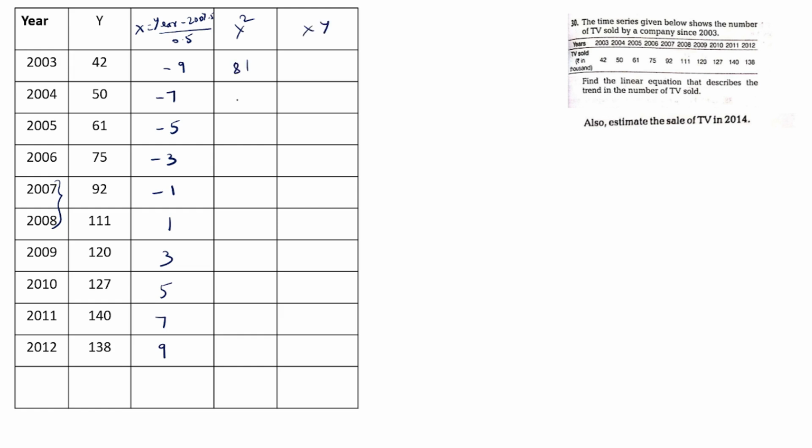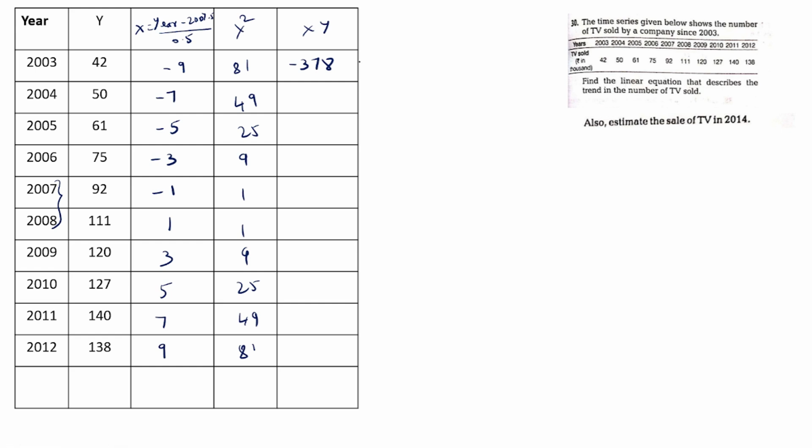X square is 81, 49, 25, 9, 1, 1, 9, 25, 49, 81. And next we have xy, for which we multiply these two. 42 into minus 9 is minus 378.